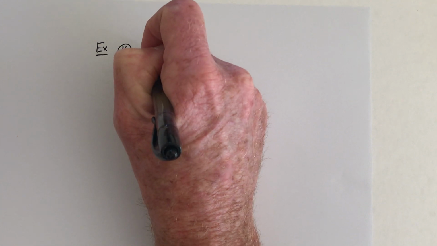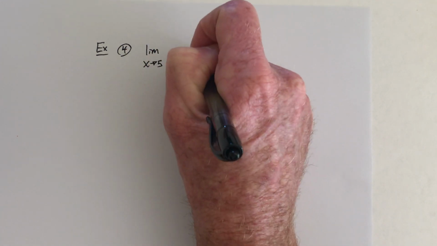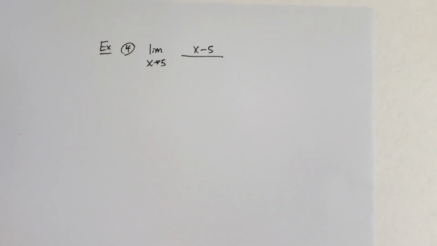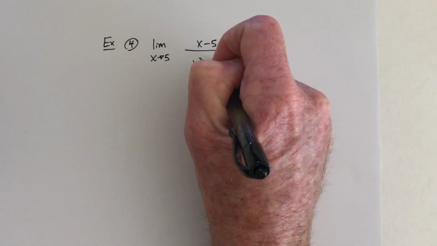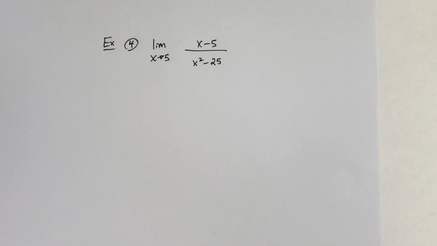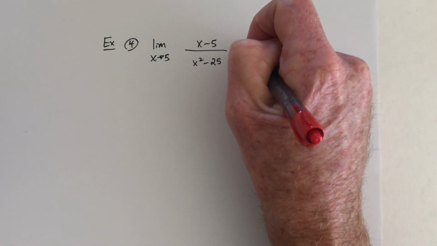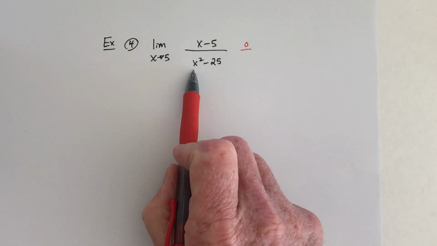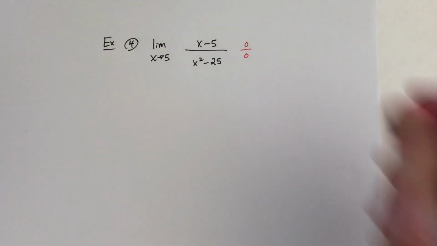So it's going to be the limit as x approaches 5, and then x minus 5 is on top, and x squared minus 25 is on bottom. So if I substitute 5, this is going to be 0 on top. If I substitute 5, this is going to be 25 minus 25, so it's 0 on the bottom.